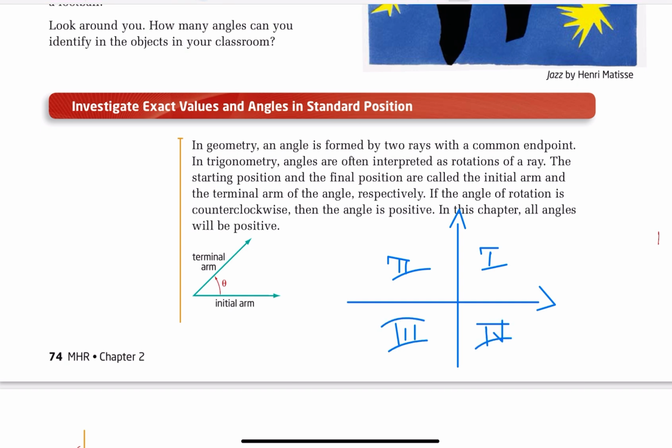So it depends on where the terminal arm ends up, and the angle will be represented there. For example, if the initial arm is this one on the x-axis, and the terminal arm is this one in quadrant number 2, we would say this is our angle theta or alpha. Good.